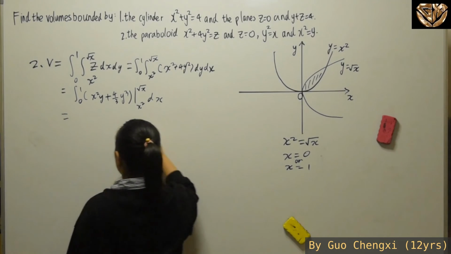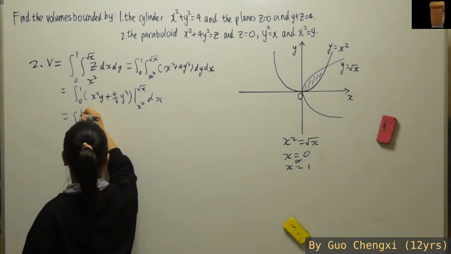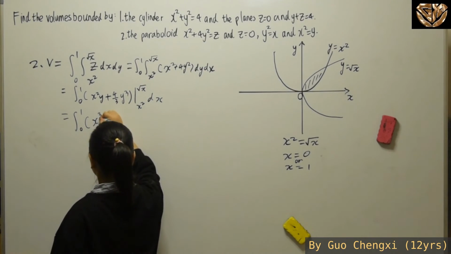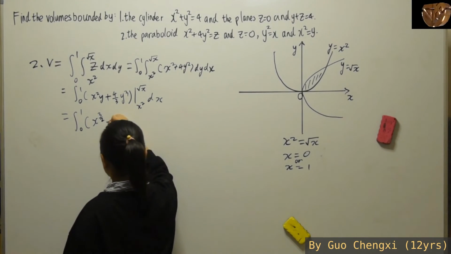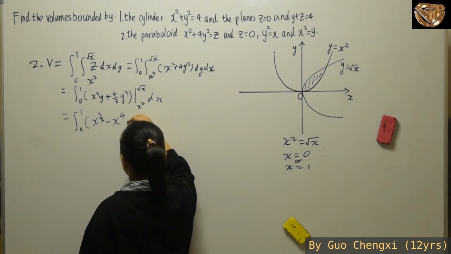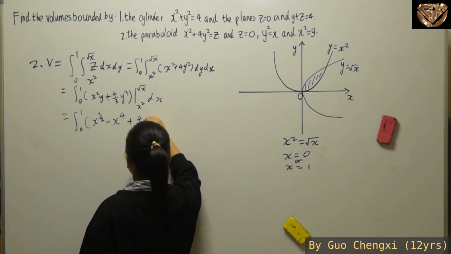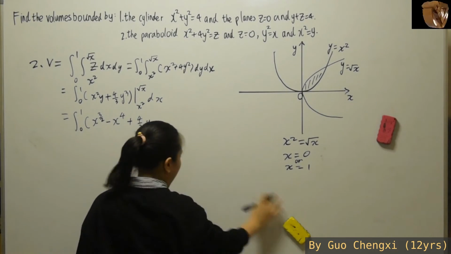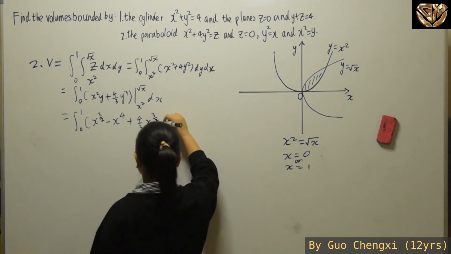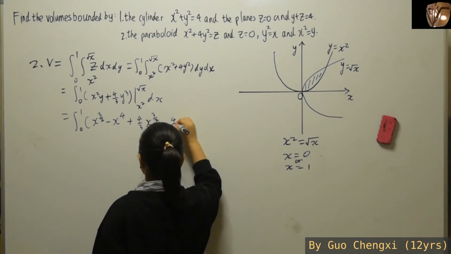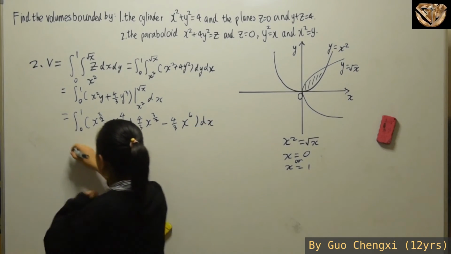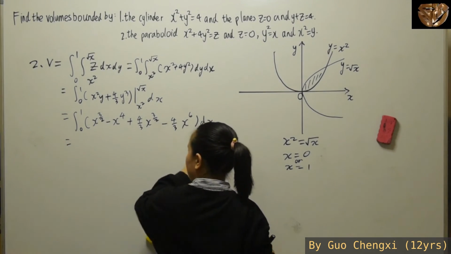Then, from 0 to 1, when you substitute this in, we get x to the power of 3 over 2, minus x to the power of 4, plus 4 over 3 x to the power of 3 over 2, minus 4 over 3 x to the power of 6 dx.